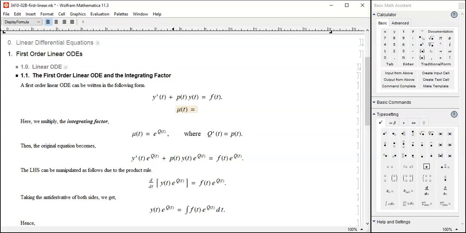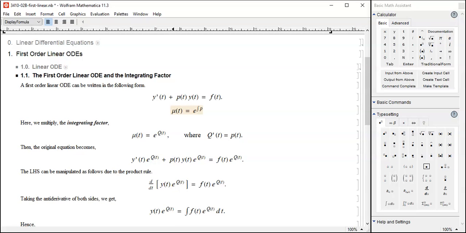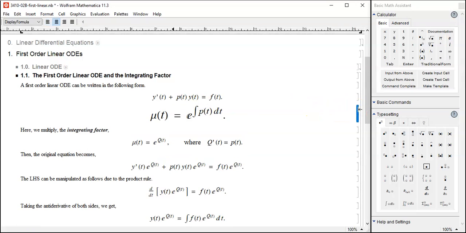Mu of t is defined as exponential of the antiderivative of p of t, like this. So take the antiderivative of this first coefficient function and take the exponential of that antiderivative. And that's the integrating factor.